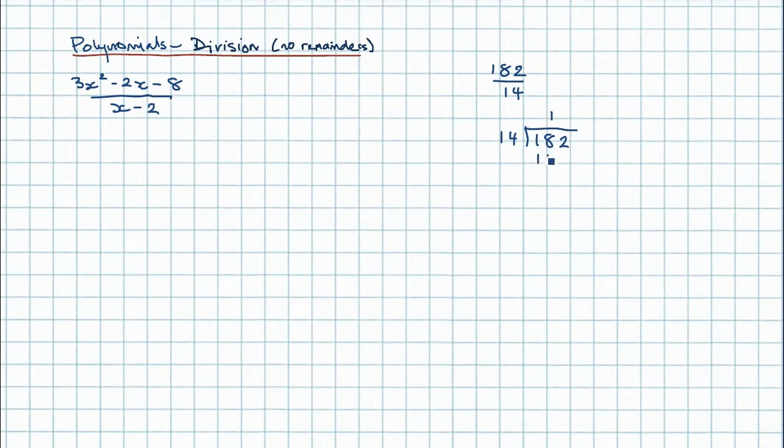We put the 14 underneath here. We subtract this 14 from here to get 4, bring down the 2, and then we have 3 times 14 gives us 42 and no remainders. So that's the long division method, and it works brilliantly, and it's the conventional method for algebraic division. Kind of standard algorithm.